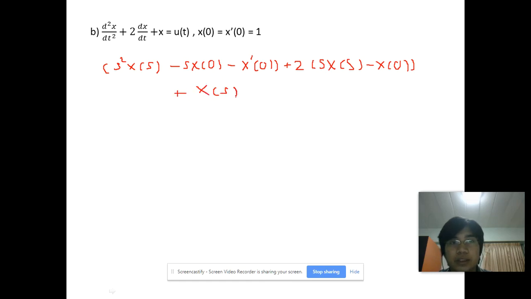Changing the unit step on the right side, it will become 1 over s.